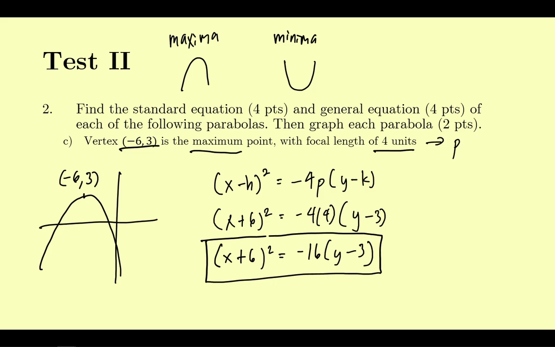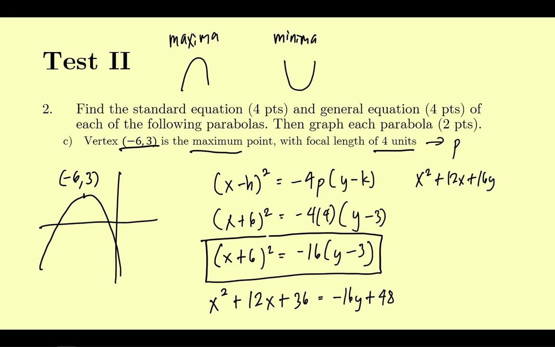And then expand this, magiging x squared plus 12x plus 36 is equal to negative 16y plus 48. And that means x squared plus 12x plus 16y.